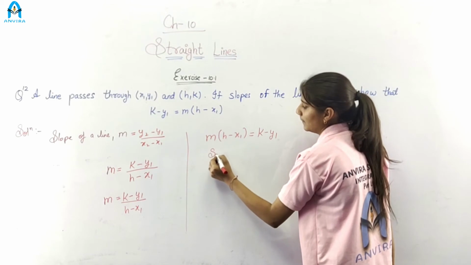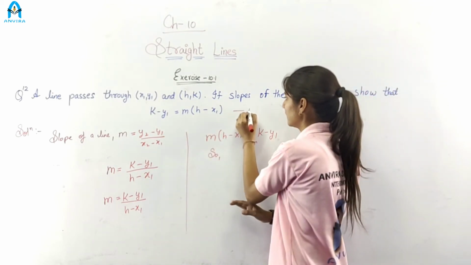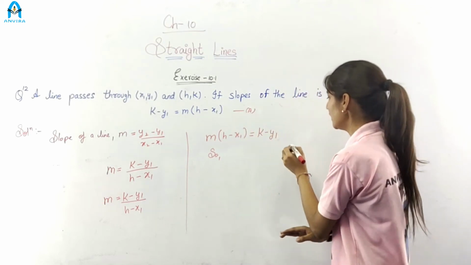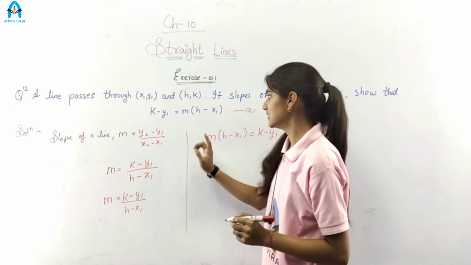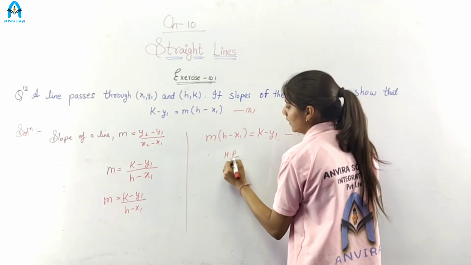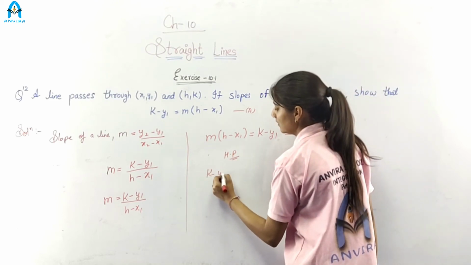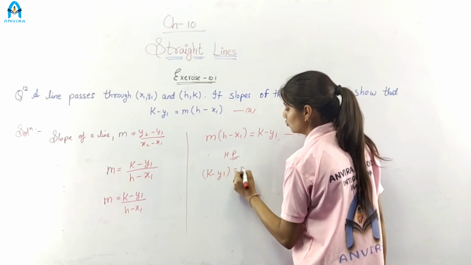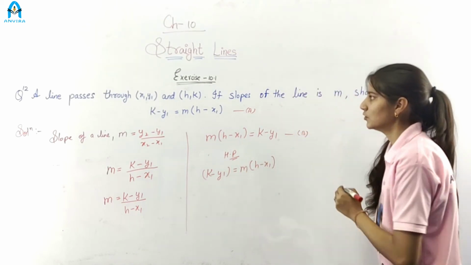So, comparing the equations, first A and B, we will get that both the equations are the same. Hence proved that k minus y1 is equal to m times h minus x1.